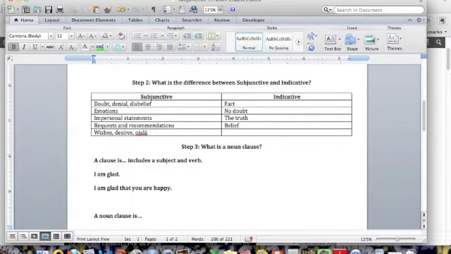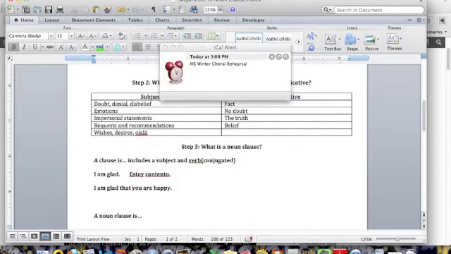There are two clauses in the sentence. Remember I said a clause includes a subject and a verb. And by verb I mean a conjugated verb, not a verb in the infinitive. So I am glad in Spanish would be estoy contento. There's one verb and one subject. In this case, there are two verbs and two subjects.